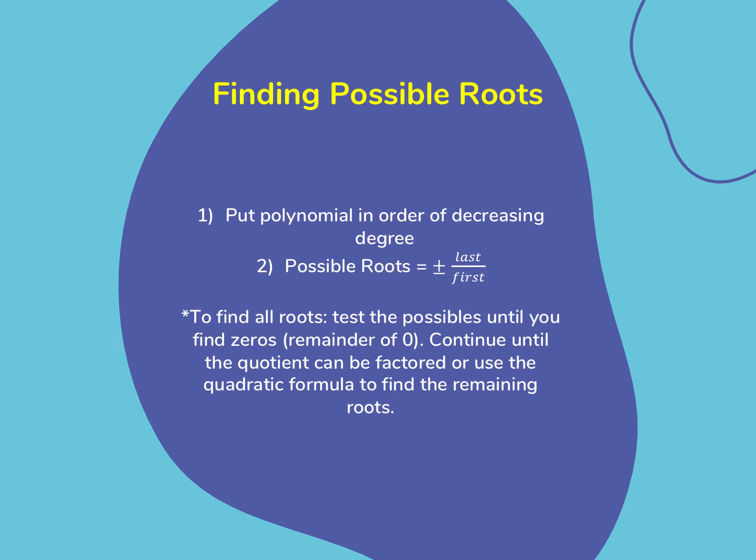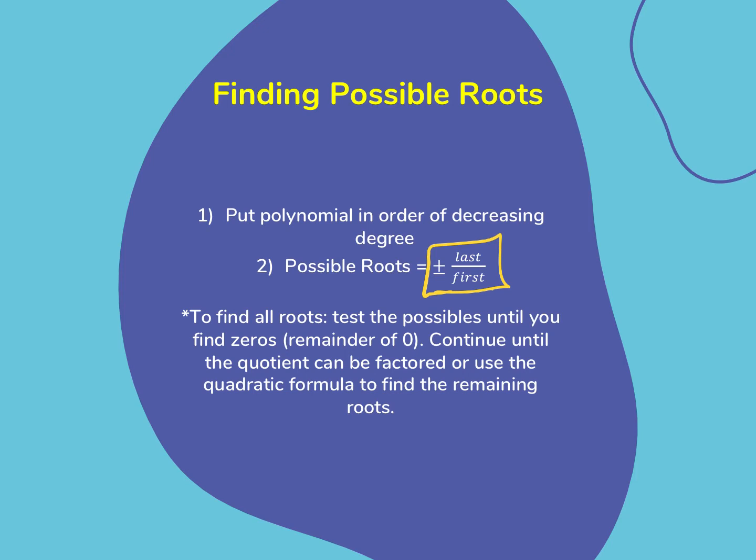To do that, we make sure our polynomial is in order from highest degree down to no x. Then we list all the factors of the last term, the constant, over all the factors of the first term. This sets up a possible bank. It's just possible that those roots are it. It doesn't mean everything in that bank works.